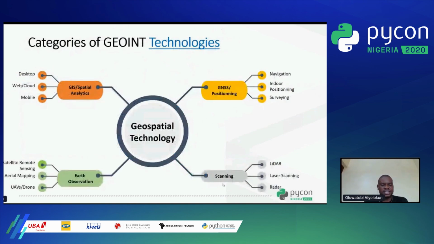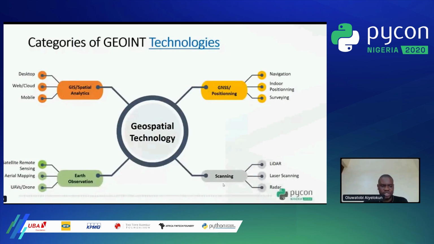We have the GIS that basically has to do with the analysis, the storage, the data presentation, the mapping, and deriving information from maps. That's GIS or spatial analytics, and you can leverage this using desktop or web or cloud or mobile. We have the GNSS positioning. This has to do with navigation, indoor positioning, and surveying.